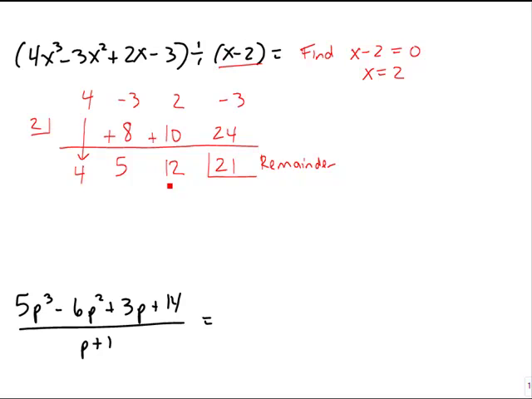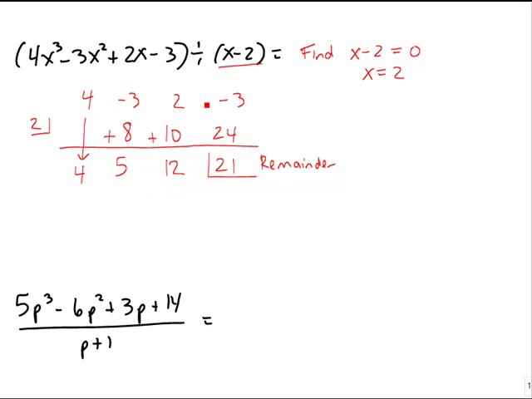So to write out your final solution, you have to remember that these coefficients that we started with were x cubed, x squared, x, and a constant term. So this was a cubic polynomial to begin with. If we divide a cubic by an x to the first power, then the answer is going to go down by 1 degree.